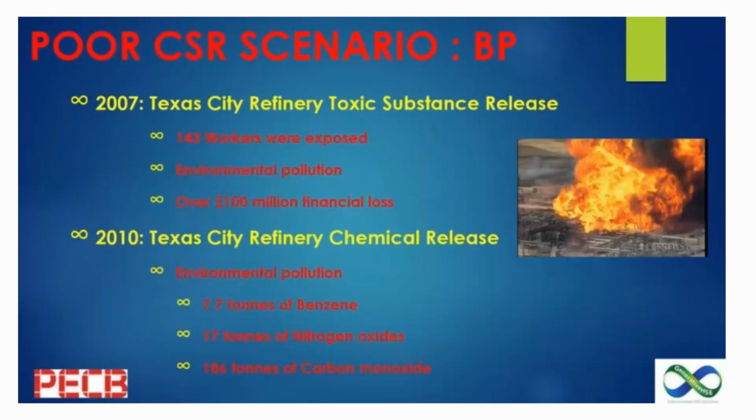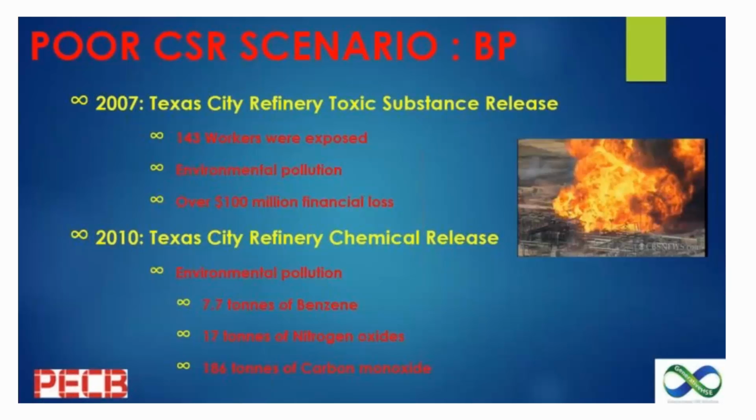You would think that that was large enough to change the way BP operates and the culture within BP. But we find out that that wasn't the case, because in 2007, the same refinery released toxic substances into the environment. There were 143 workers that were exposed to the release.